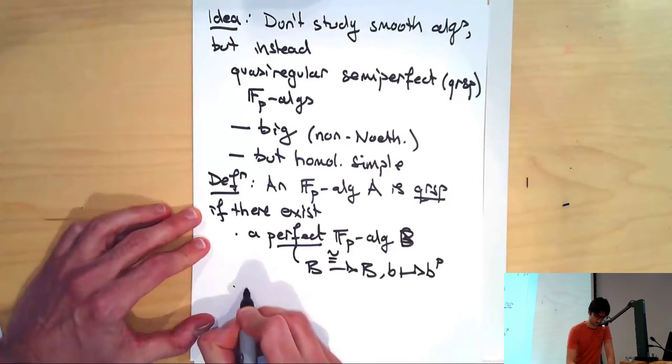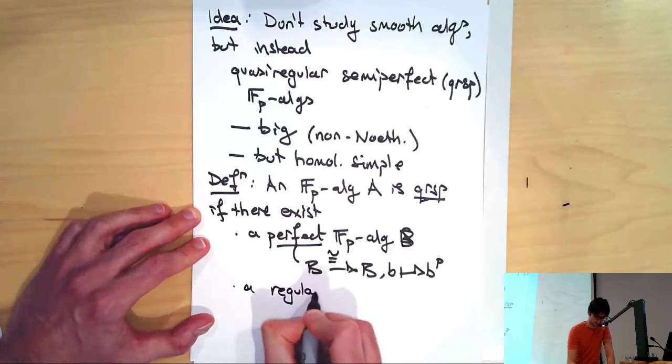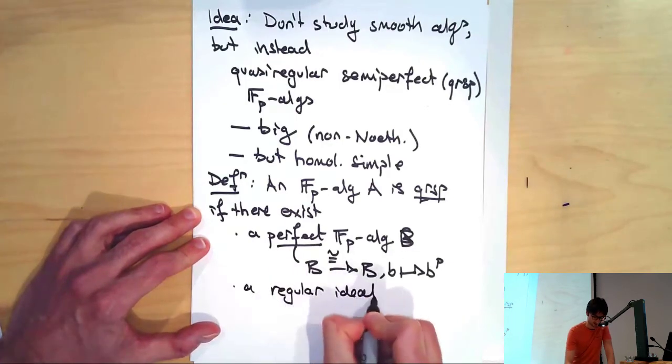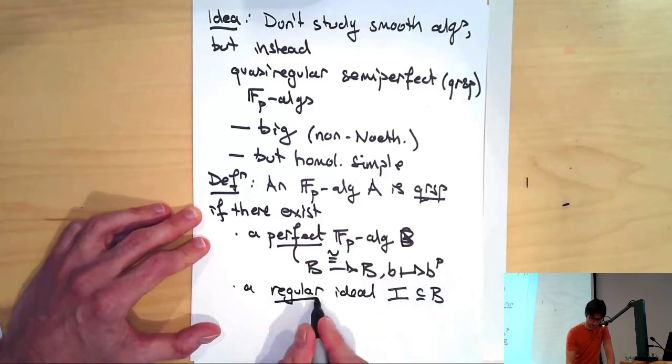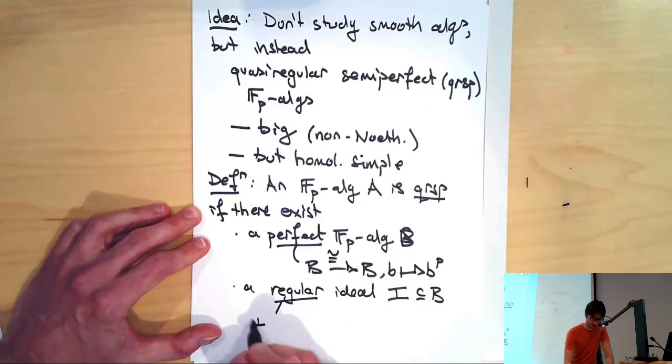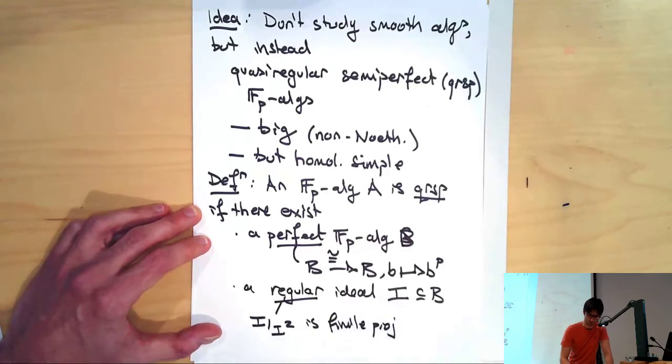And secondly, I ask that there exist a regular ideal I contained inside B. So regular means that I mod I squared is, let's say, finite projective. We could slightly loosen this, but I think we can work with finite projective today.